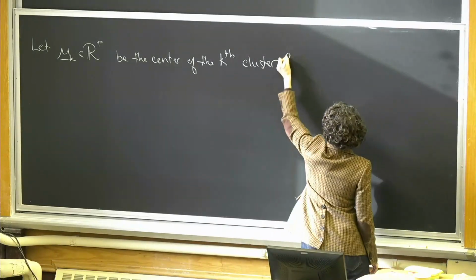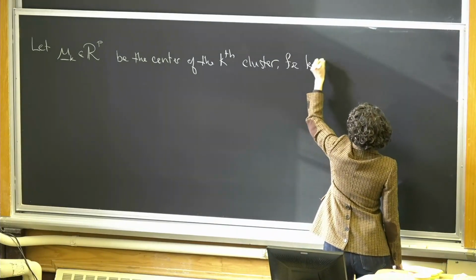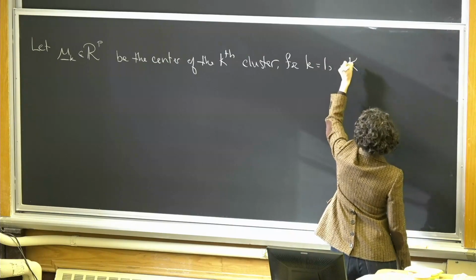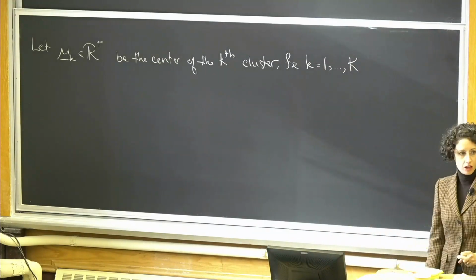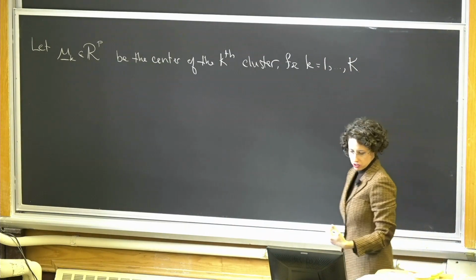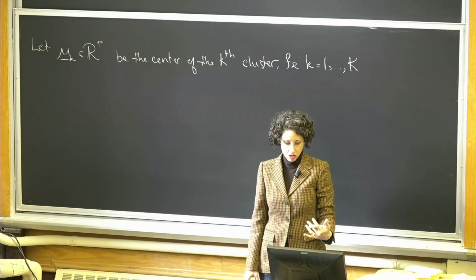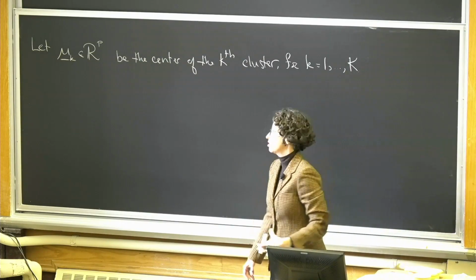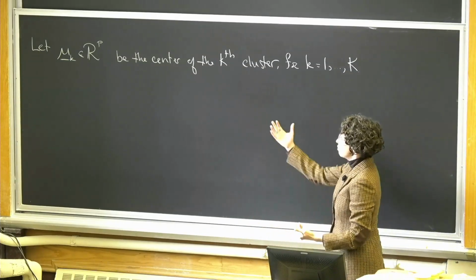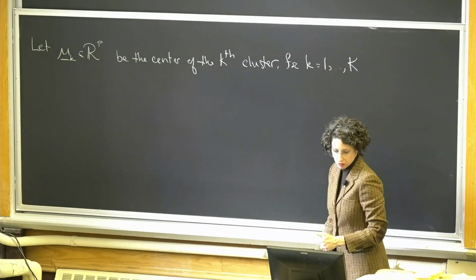And this is for k equals 1 all the way to capital K. Okay, so what we'd like to do then is assign our points, the xi's, to the clusters so that each point is close to one of the cluster means.